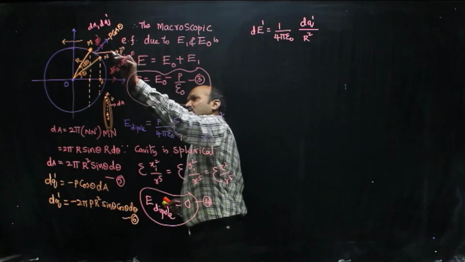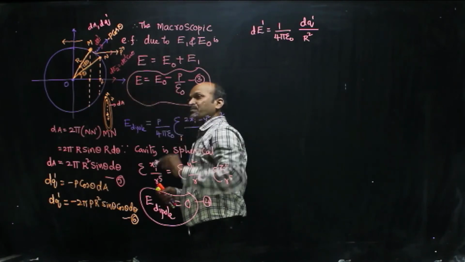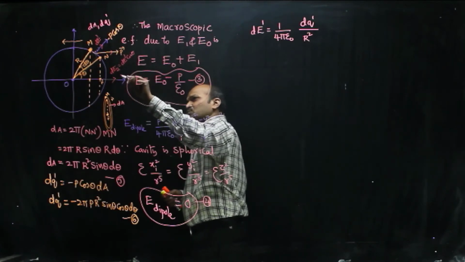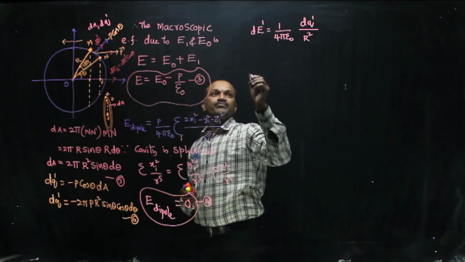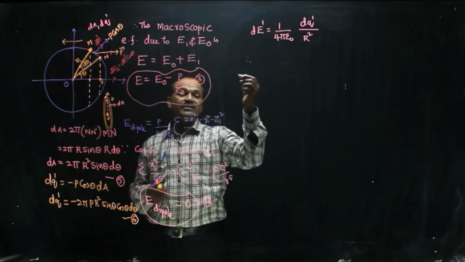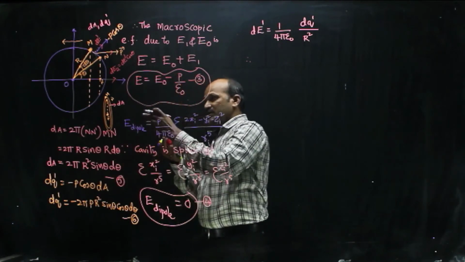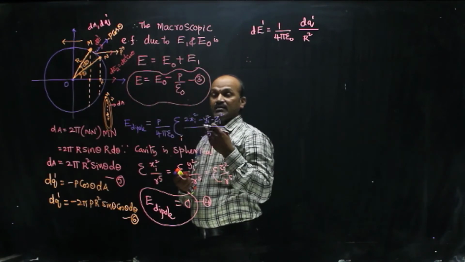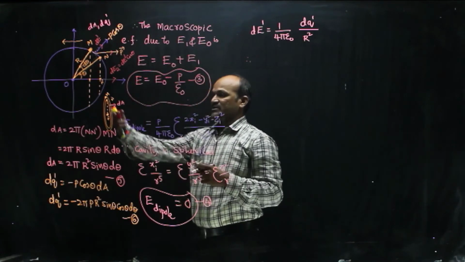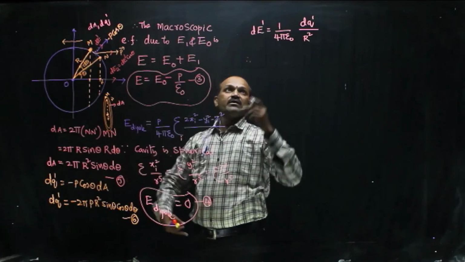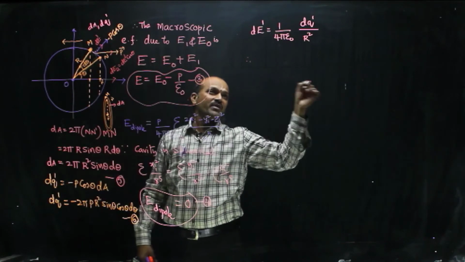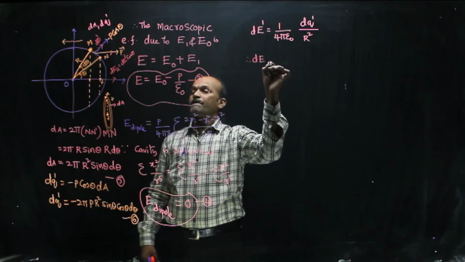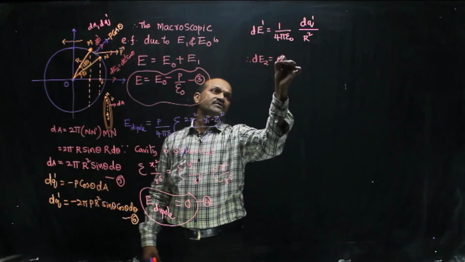We need the component along the horizontal direction, that is the applied field direction, so dE2 is dE dash cos theta. Therefore the field due to the charge density present on this small strip, at the center in the applied field direction, is dE2 equal to dE dash cos theta.